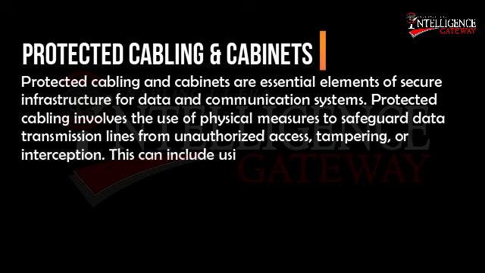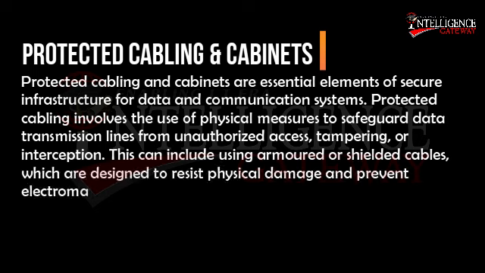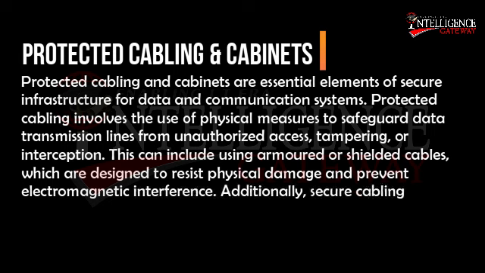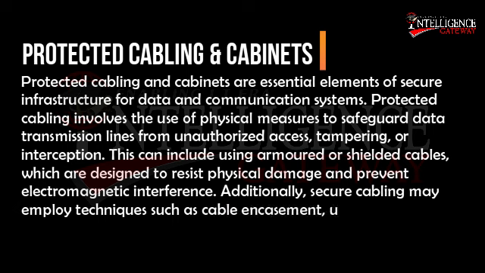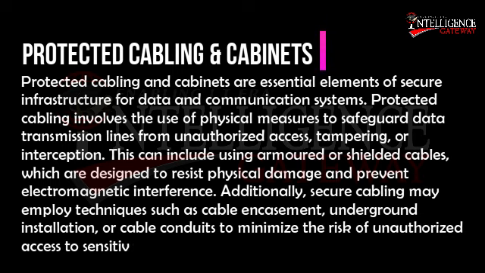This can include using armored or shielded cables, which are designed to resist physical damage and prevent electromagnetic interference. Additionally, secure cabling may employ techniques such as cable encasement, underground installation, or cable conduits to minimize the risk of unauthorized access to sensitive data.